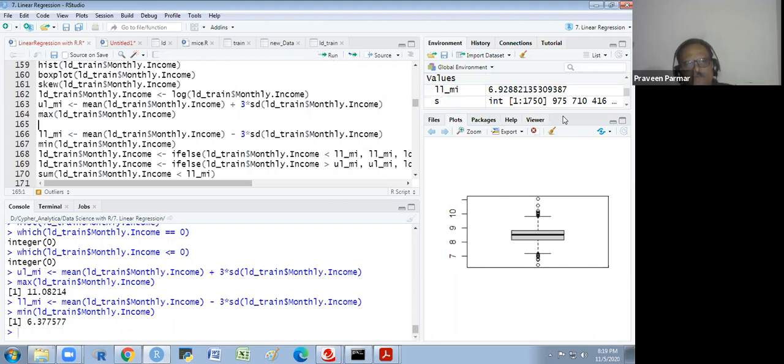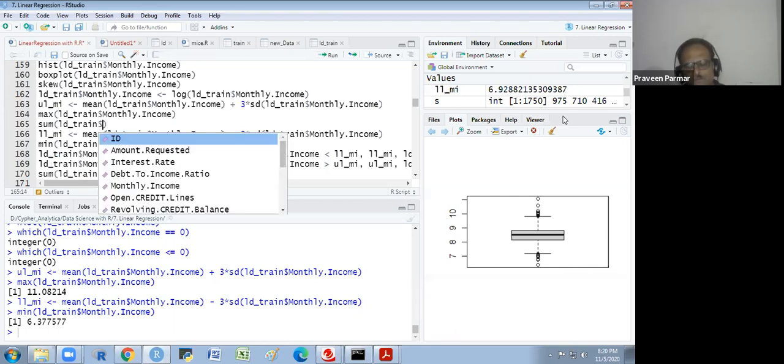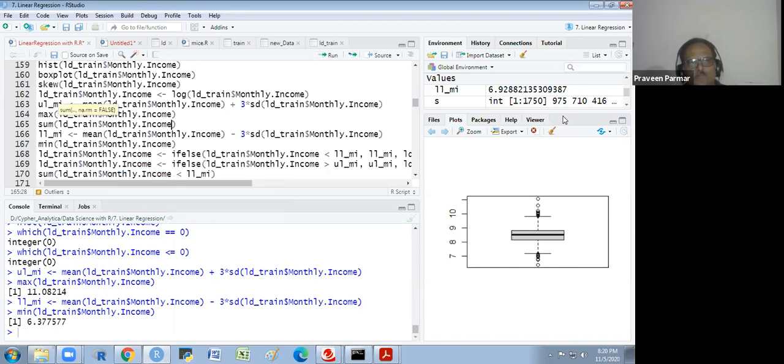Here I will just see LD$MonthlyIncome greater than UL_MI.